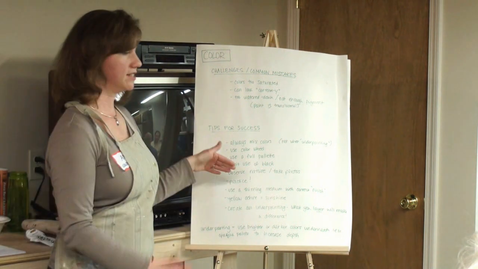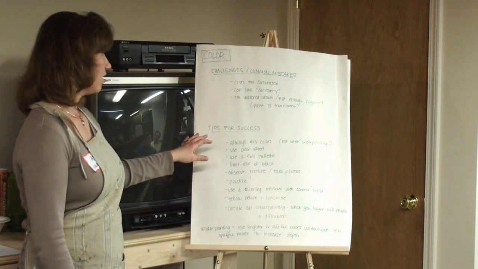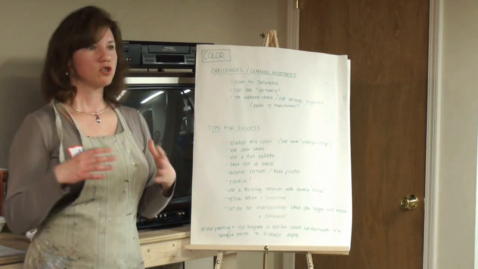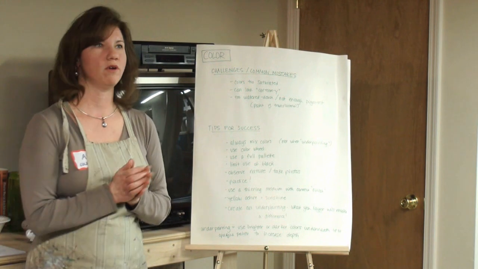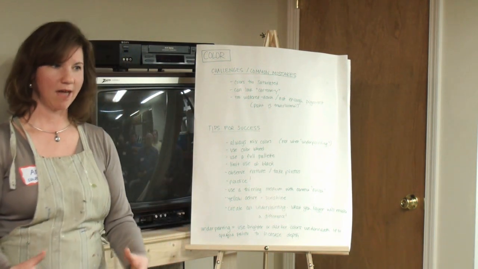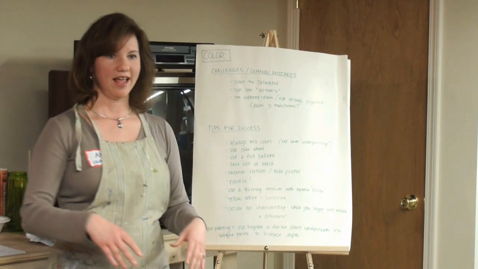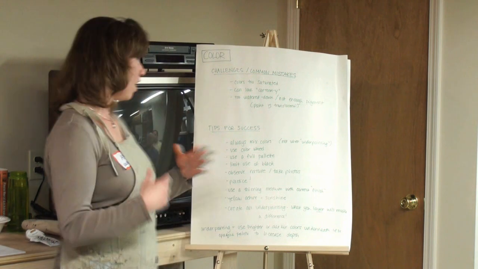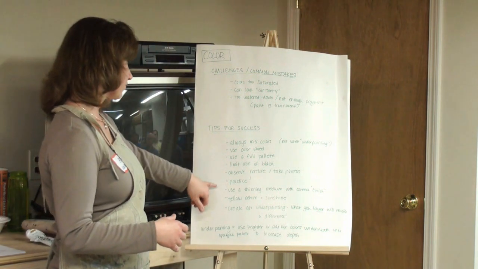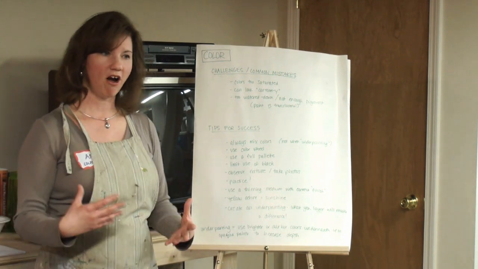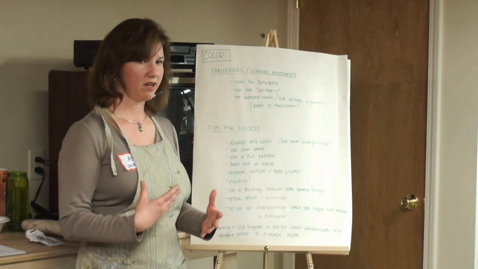My tip for success is to always mix your colors, and don't trust that your tree is always going to be green and the trunk is always going to be brown and snow is always going to be white and the sky is always going to be blue. Because if you walk outside and take a look at things for what they are, they're not always the color that we think they are.